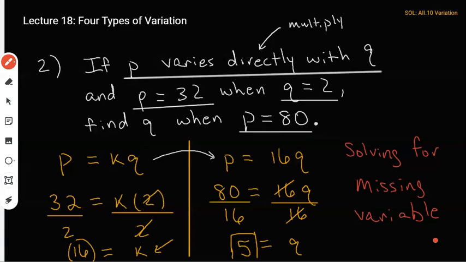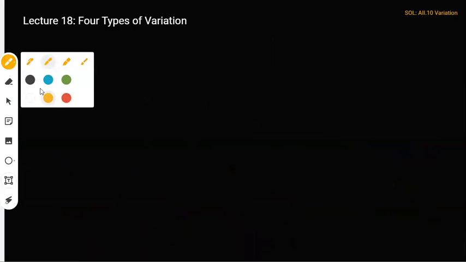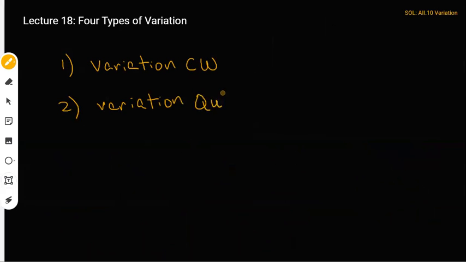So the two things that are going to be due on Sunday, you're going to have the variation classwork, and you're going to have the variation quiz. And for both of these assignments, it'll give you the questions, and I want you to actually write down the full questions on your notebook paper, along with your work and your answer for each question.